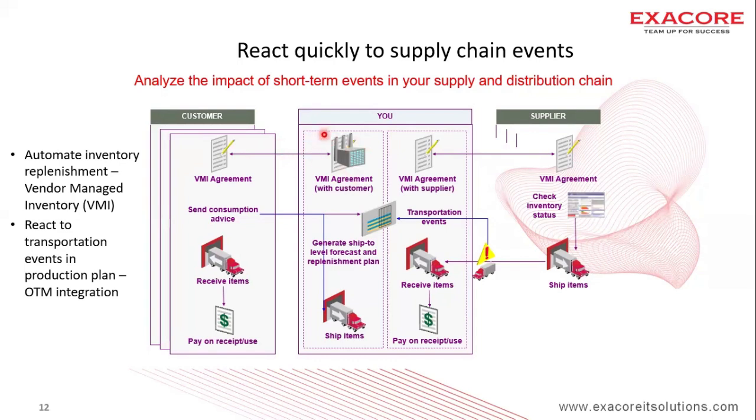Similarly, the organization will get notified when the customer's inventory gets depleted. That means the organization will be able to replenish the customer inventory as well. That visibility will ensure that the safety stocks are maintained. There will be no stockouts of material, and also no overstocking of materials in the organization as well.